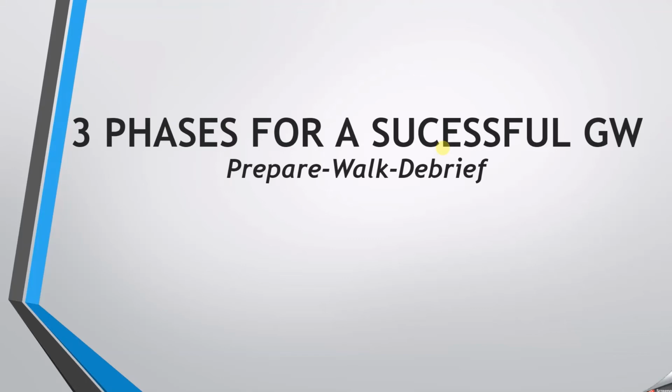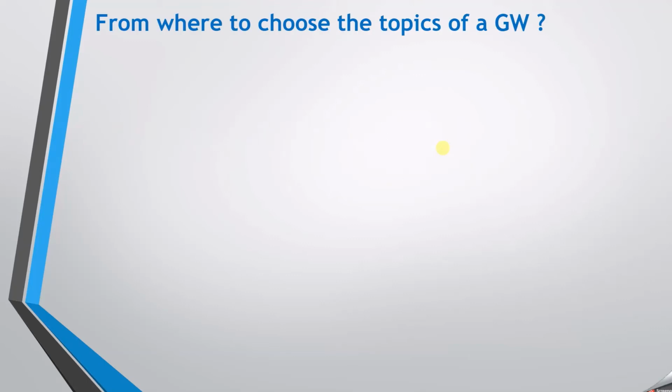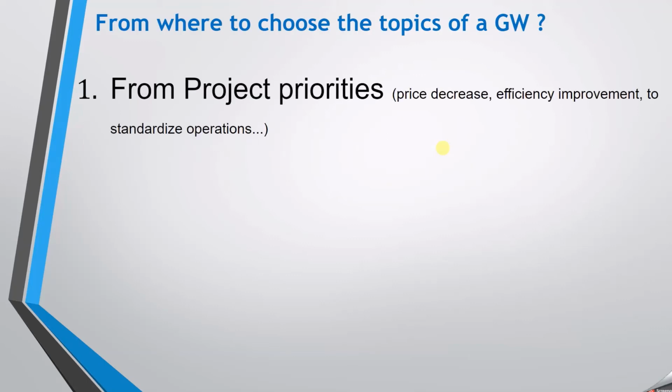Before discovering the main phases of a Gemba Walk, let's see together where to choose the topic of Gemba Walk from. The first source can be a project, your project priority. For example, price decrease, efficiency improvement, standardizing operation.